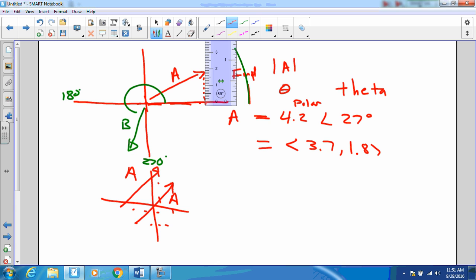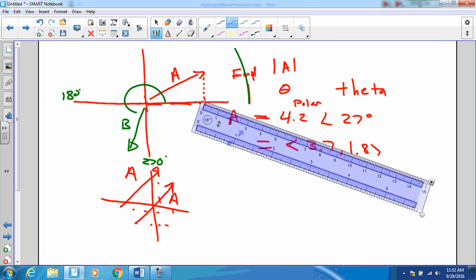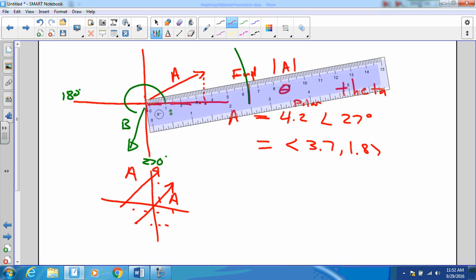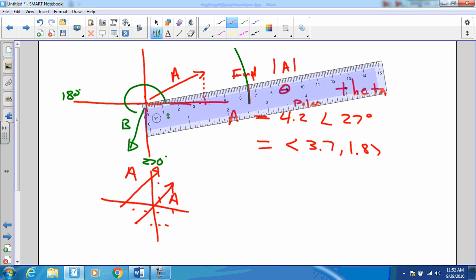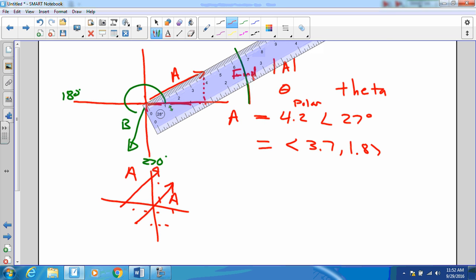It's okay if you did, but you put your ruler actually along the vector itself. You put the bottom of the ruler on the tail, and you measure out to the head. You can measure it directly along, and that gives you the size.